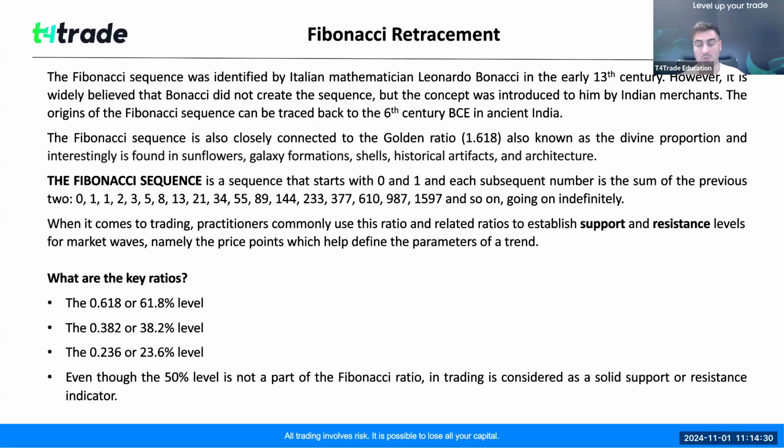When it comes to trading, technical analysts and traders in general commonly use this ratio and other related ratios, the 1.618 plus many others, to establish support and resistance levels, which are applied on market waves.